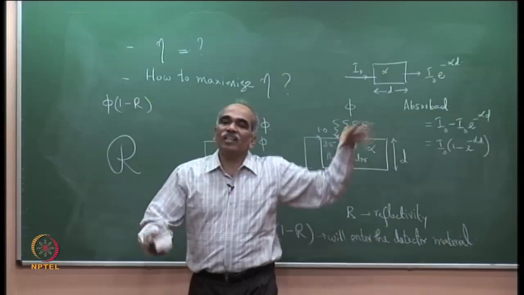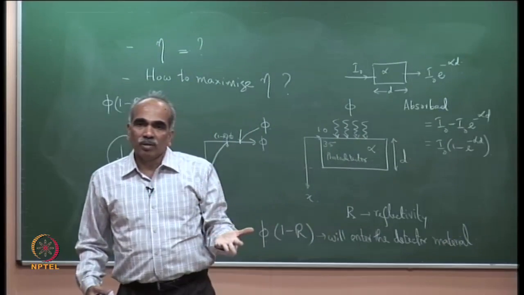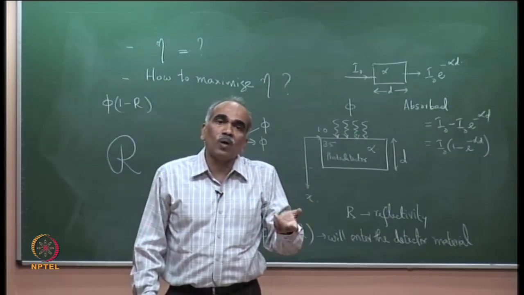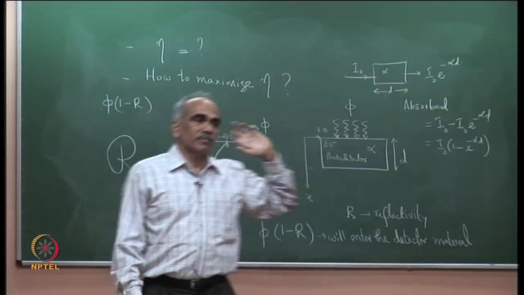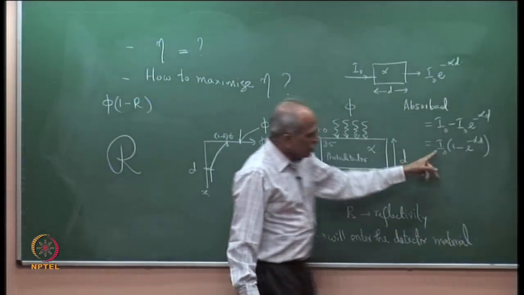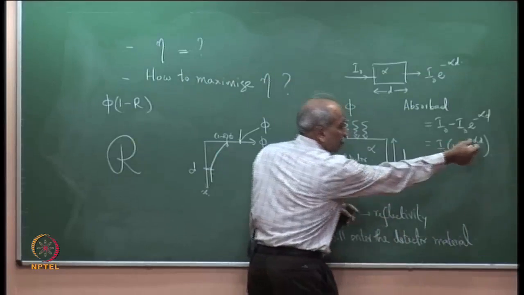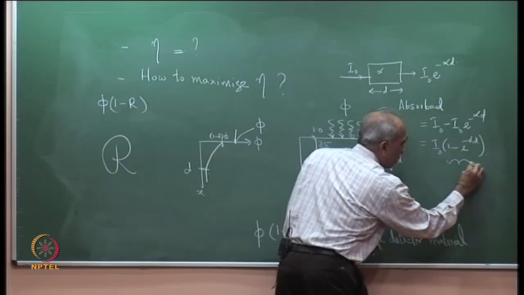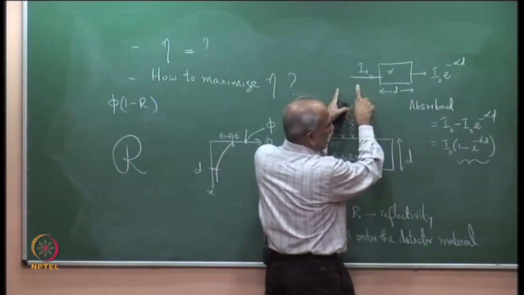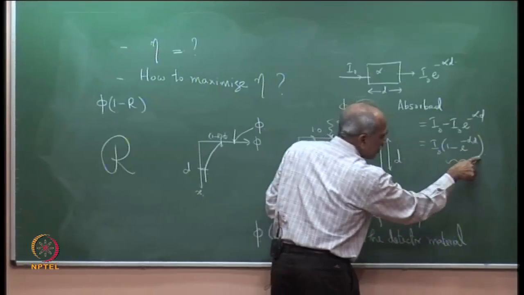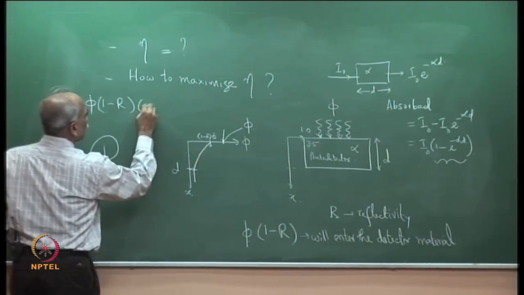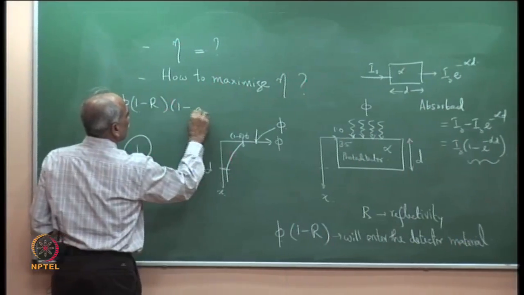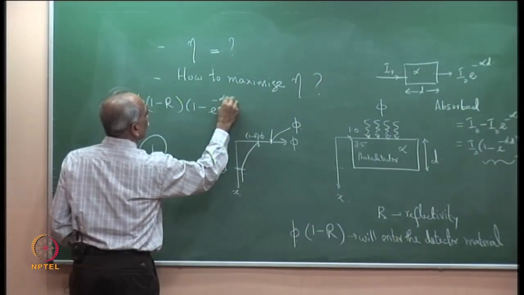I am interested in how much energy is absorbed, because it is the absorbed photons that will generate carrier pairs, which will contribute to my current in the circuit. So, the fraction that is absorbed is 1 minus e to the power minus alpha d.